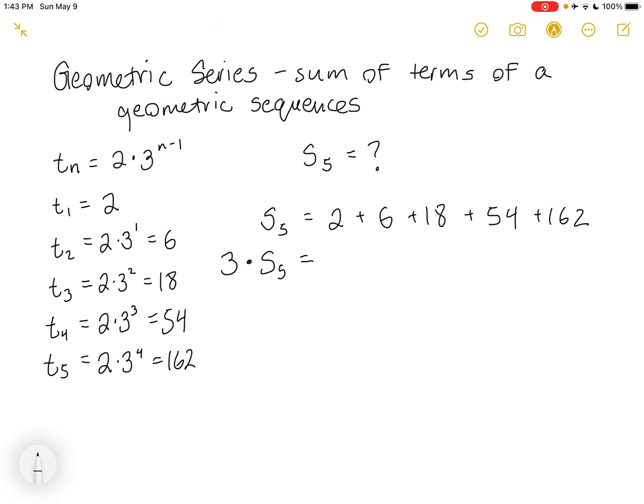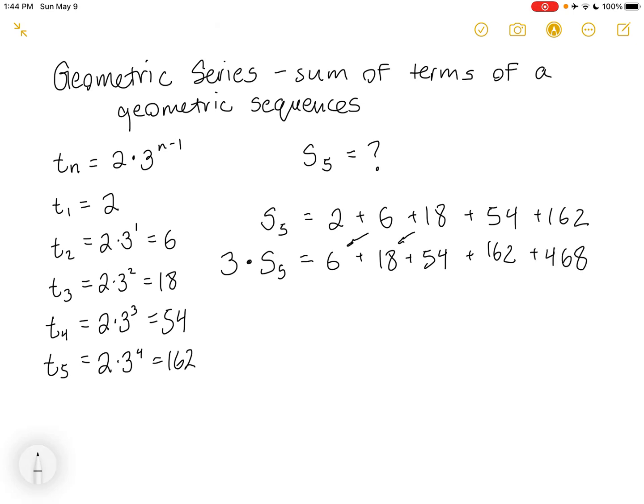So 3 times 2 is 6. 3 times 6 is 18. 3 times 18 is 54. And you can see what's actually happening is that this term above is just moving over 1. So 3 times 54 is 162. And then we have to figure out what 3 times 162 is. I'm just doing that on a calculator. 3 times 162, that's 468.